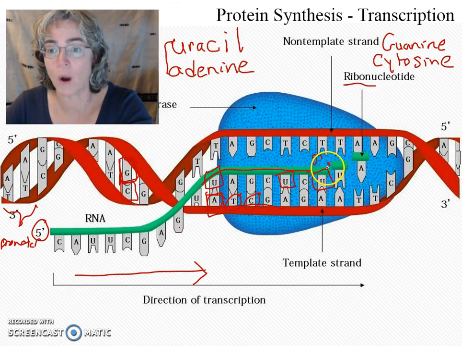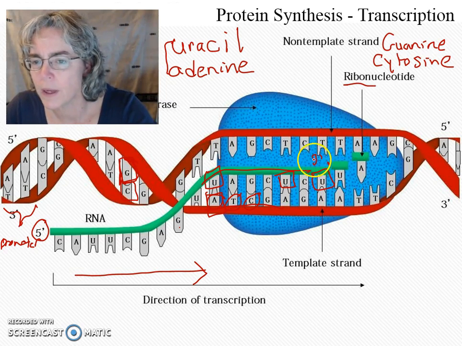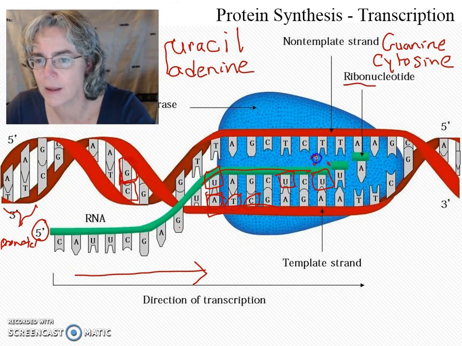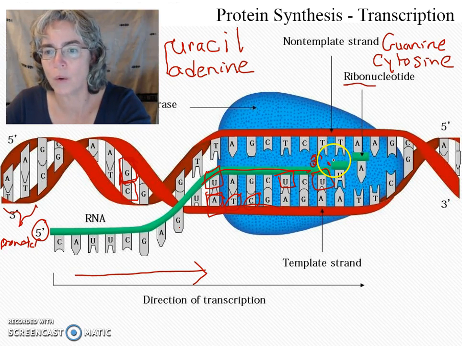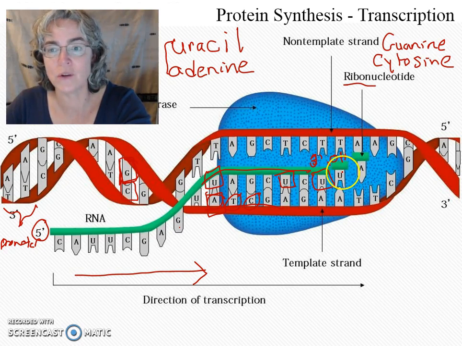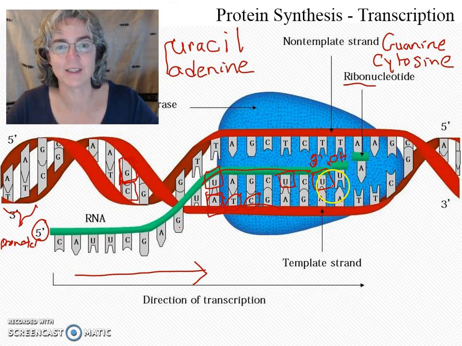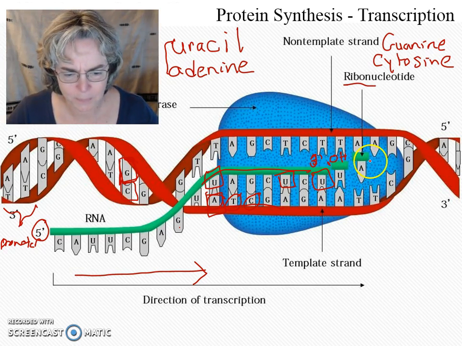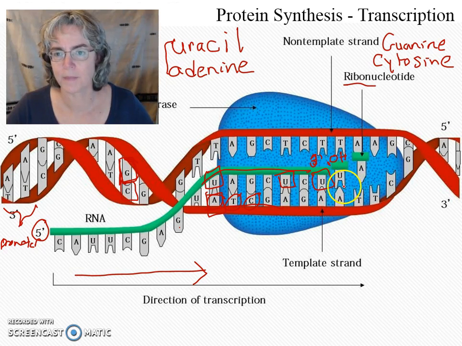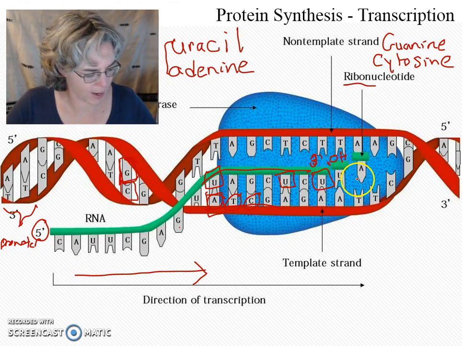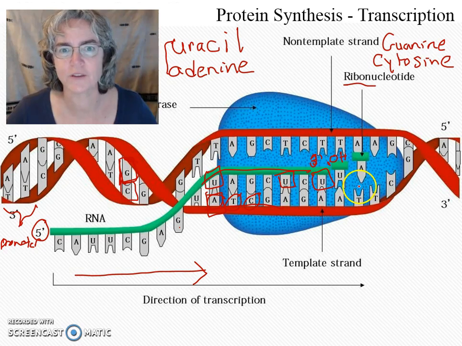Does that look like a 3? There we go, 3' end. We know there's a hydroxyl group hanging off right there for the new nucleotide to be added on. Okay, I think that's pretty good on transcription.